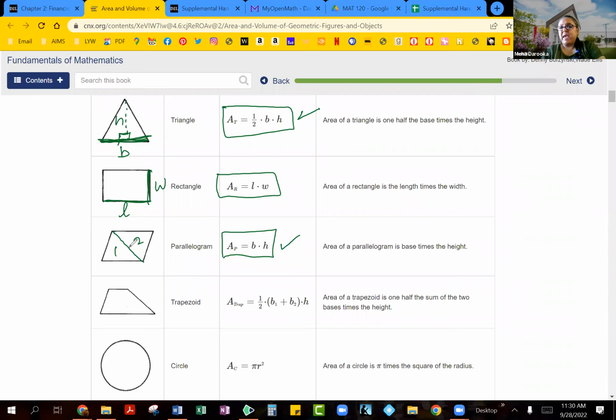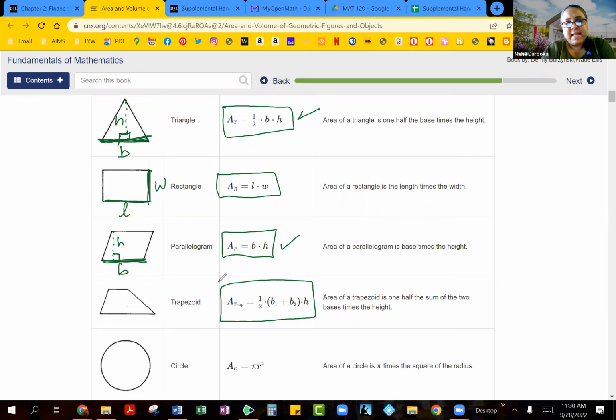And basically we can break it up into 2 parts and get 2 triangles out of it. So the area of a parallelogram is going to be base times height. So again, remember, drop a perpendicular from one side to the other. This becomes our height. And then where you're dropping it will become your base. So base times height for that.